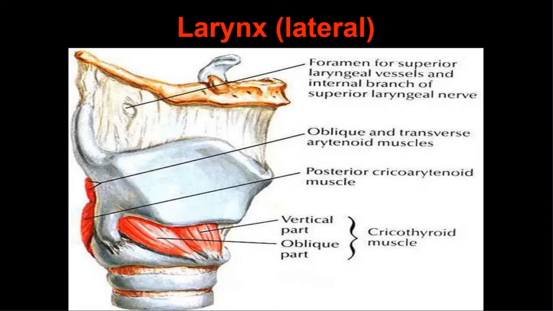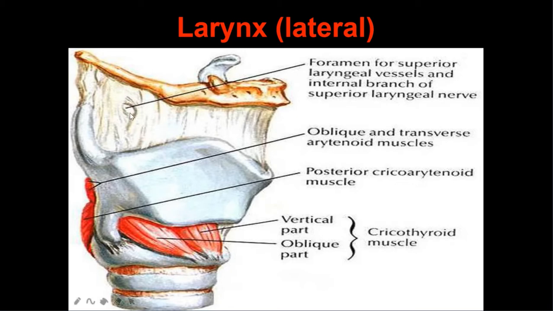This is the lateral view. In the lateral view, you can see the hyoid bone, thyroid cartilage, cricoid cartilage, tracheal rings, and these are the muscles: the cricothyroid muscle, with its oblique part and vertical part, and the interarytenoid muscles. In between the two arytenoid cartilages are the oblique and transverse arytenoid muscles, and the posterior cricoarytenoid muscle.